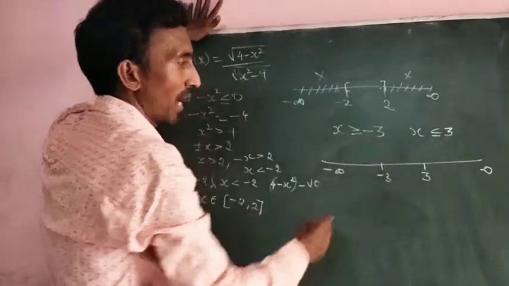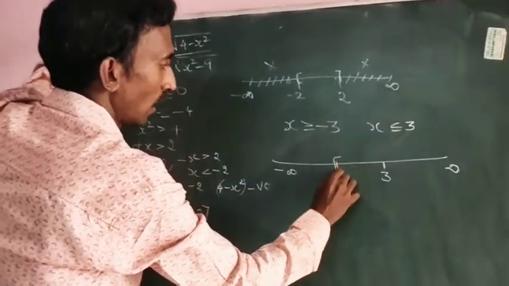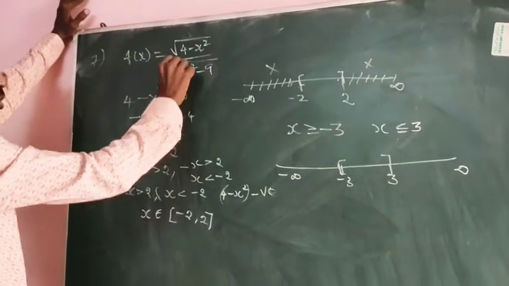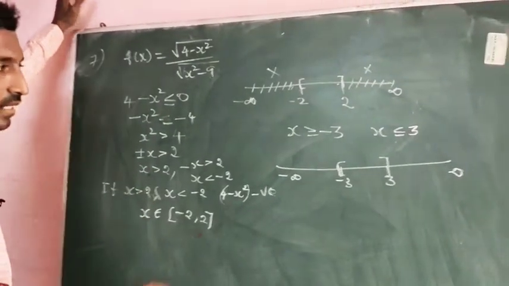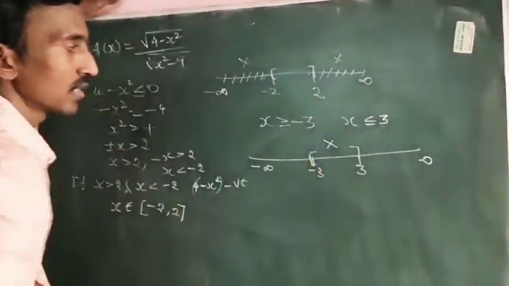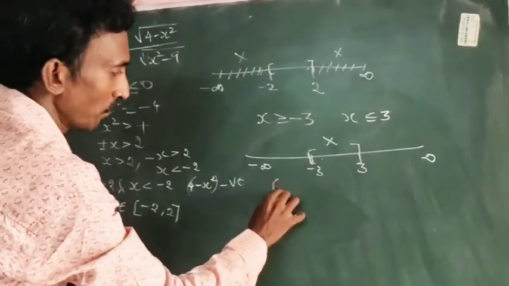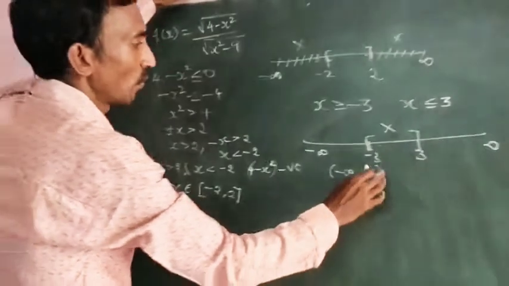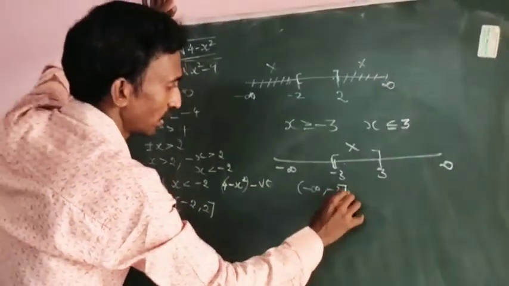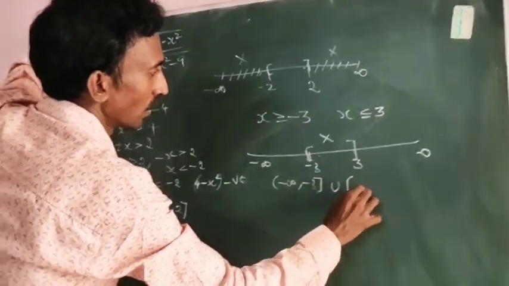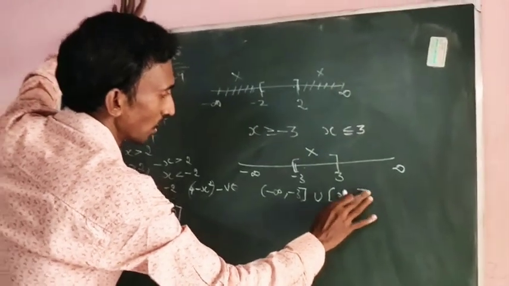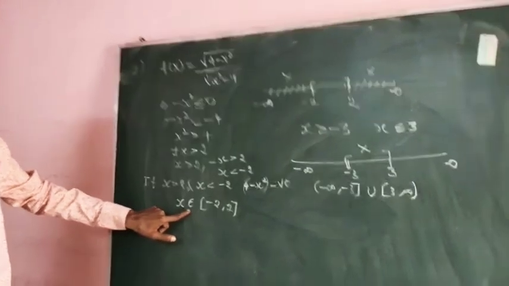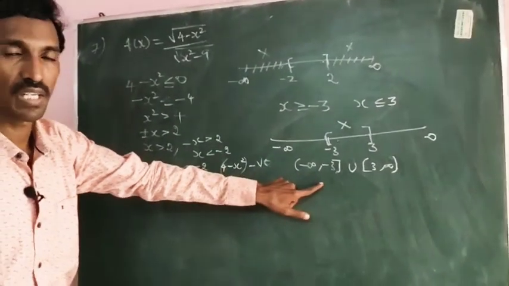So greater than or equal to minus 3 and less than or equal to 3, the x square minus 9 is negative. The square root of a negative is not a real number. So we can remove this interval. So what is remaining? Minus infinity comma minus 3, if we include this, 9 means it is 0, union 3 comma infinity.